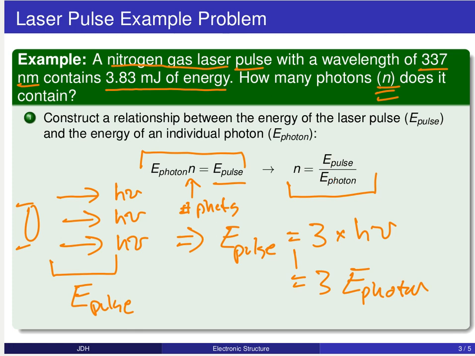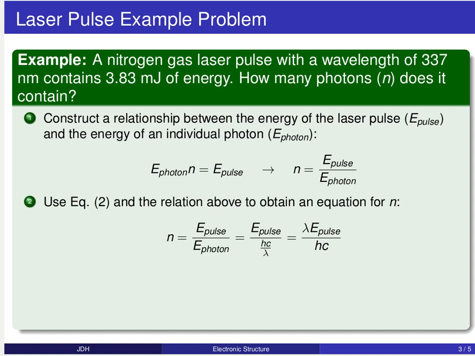Then we go back and use equation 2, which relates the energy of a photon to its frequency or wavelength, to express our derived equation in terms of wavelength.